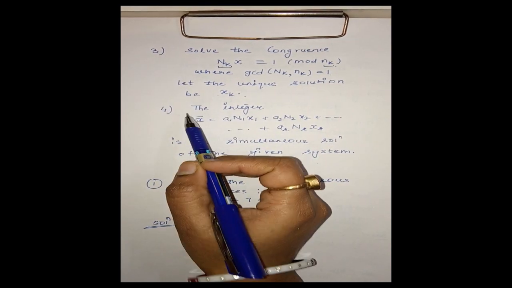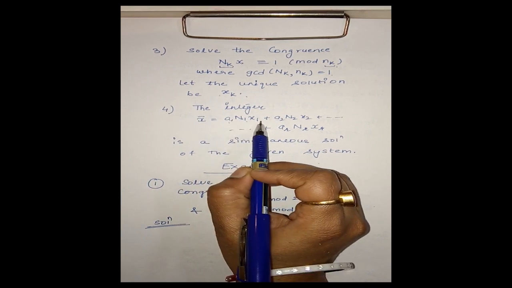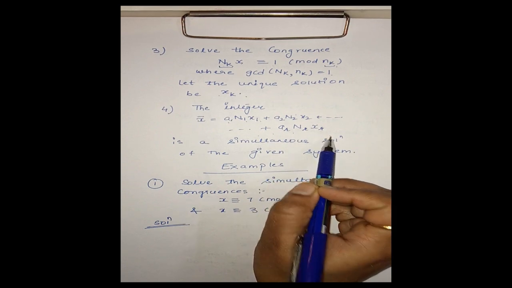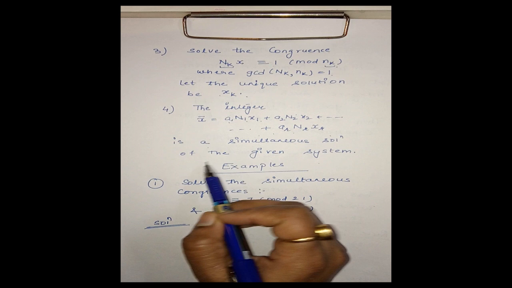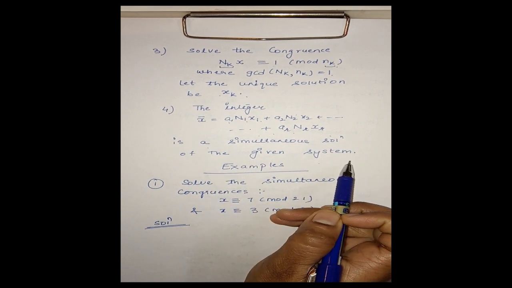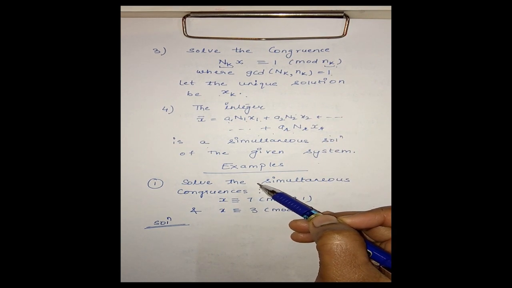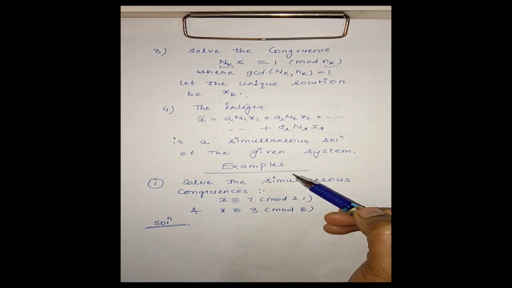Clear? Then in the last step, the integer given by a1 N1 x1 plus a2 N2 x2 up to ar Nr xr is a simultaneous solution of the given system of linear congruences. We will follow these 4 steps in order to solve any linear system of congruences.